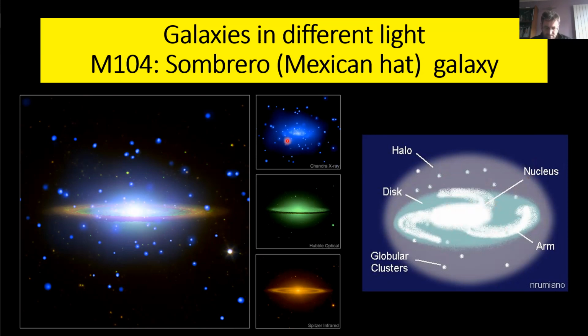So again, looking with Chandra, we see a bit the halo, but mostly the center. Optical, well, I wonder if it's really that green or whether this has been colored later. And then with Spitzer, we see the infrared, we see nicely really the disk-like shape of this galaxy. And I guess this here is then all together.